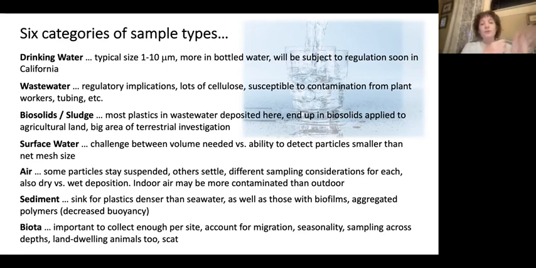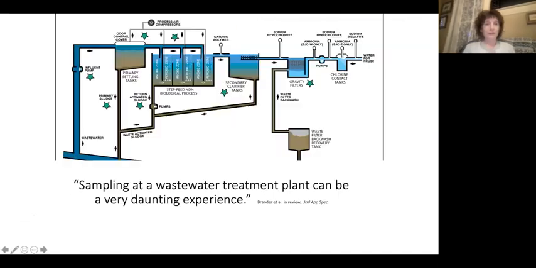And then there's a lot of work now on scat. For example, a student in my lab does research on otter scat and looks for microplastics in scat. And so that's another sample type to think about, and it is complicated because it needs to be fresh in order for it not to have been contaminated by microplastics from the air, now that we know that there's a sizable amount of microplastics in air too. So lots of different categories.